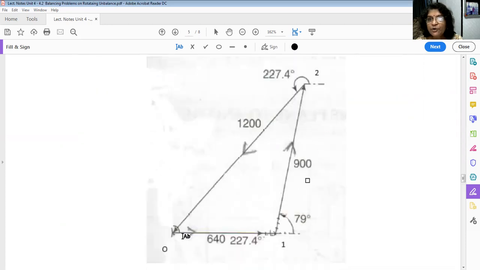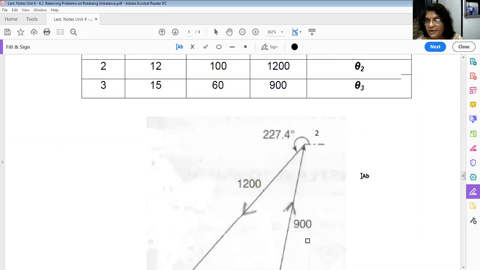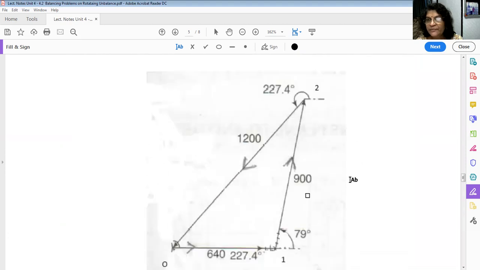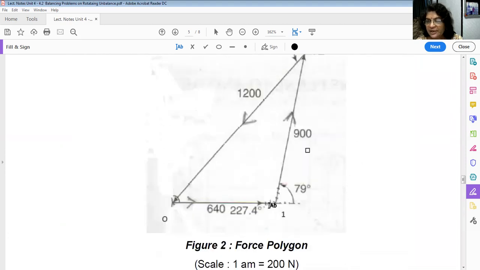So from this pole, we are drawing the vector towards the right as a horizontal line. Why? Because the angle is 0 degree and this length is 3.2 centimeter, because this represents 640 Newton. So from O to 1, we have drawn a vector.